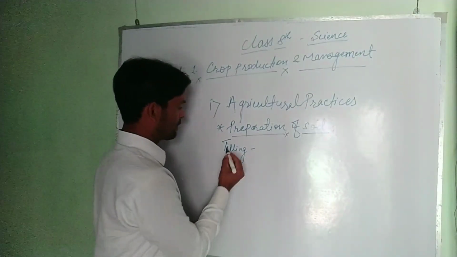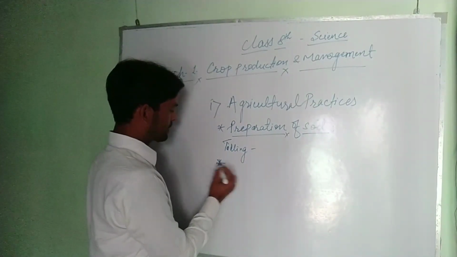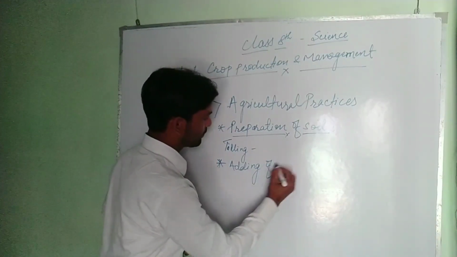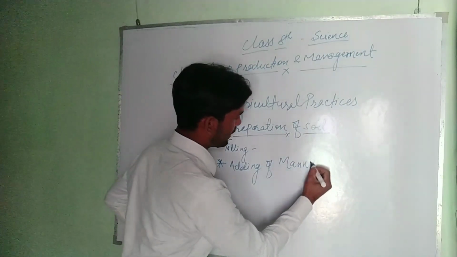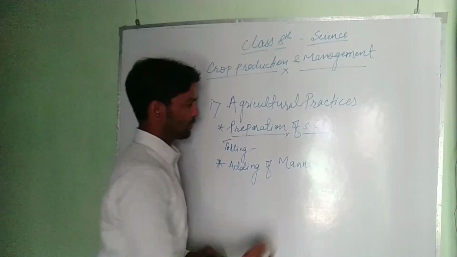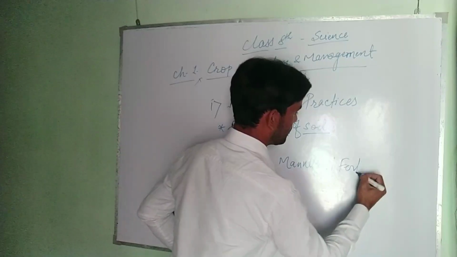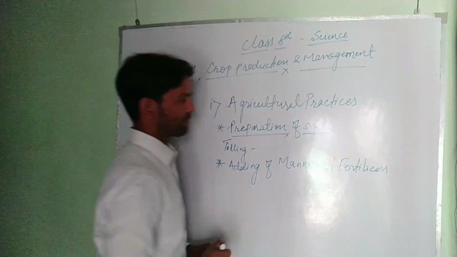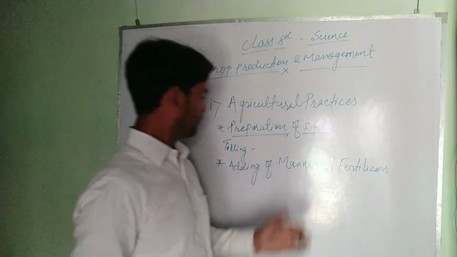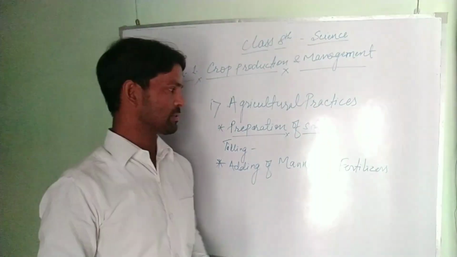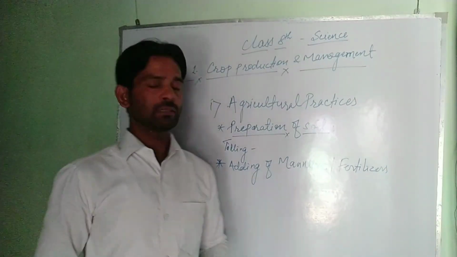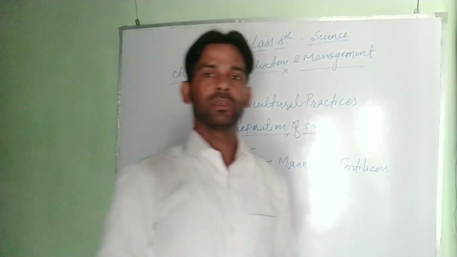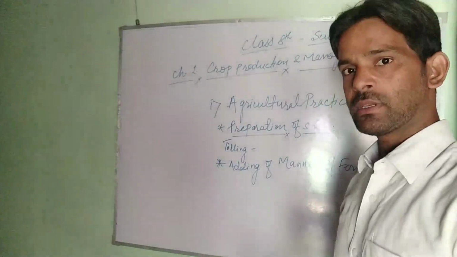So the second step is adding of manure or fertilizers. By using this, the crops can be found in sufficient amount.